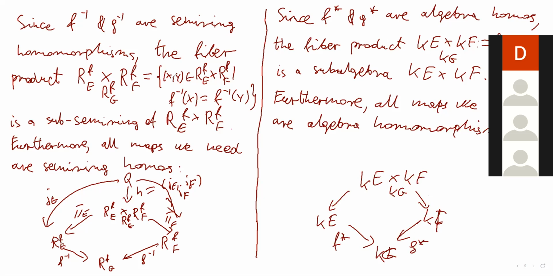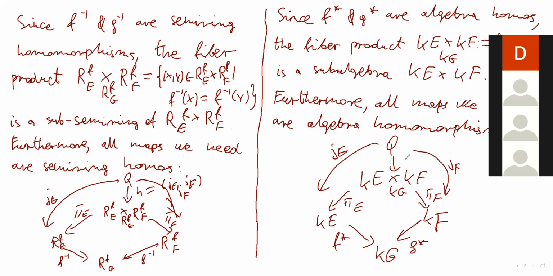So KG and KF, and here pi E and pi F. The only difference is that now we assume that JE and JF are algebra homomorphisms.